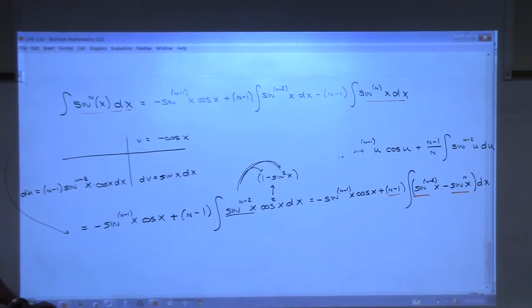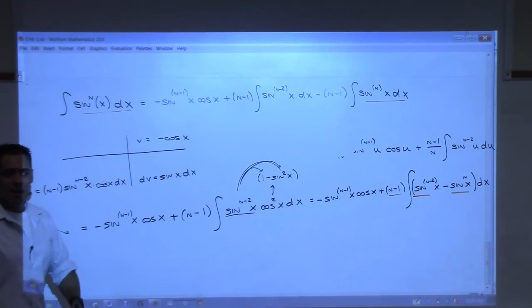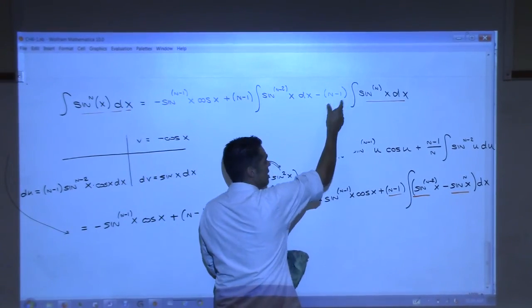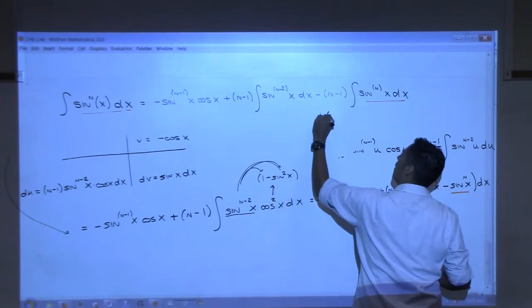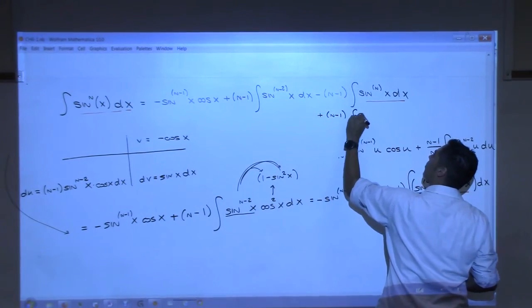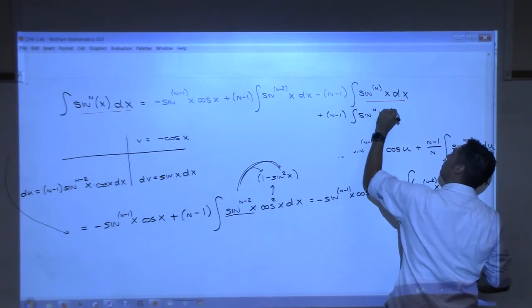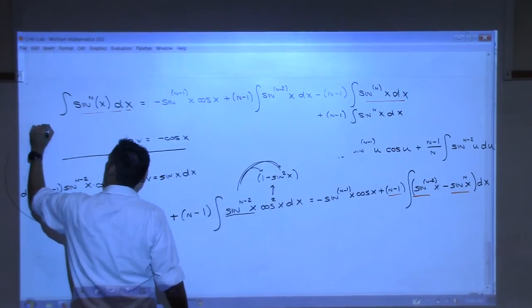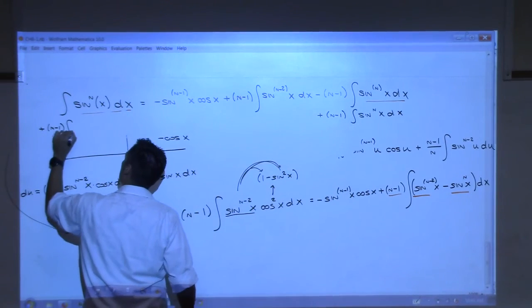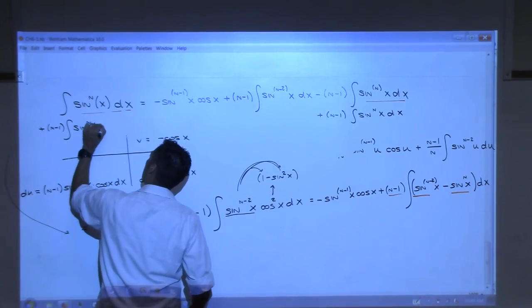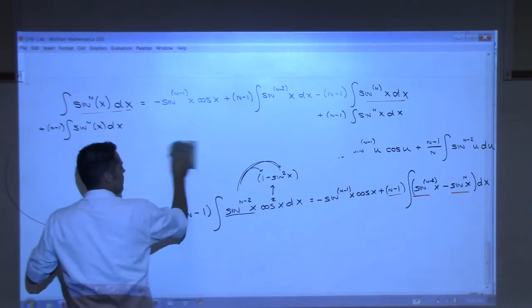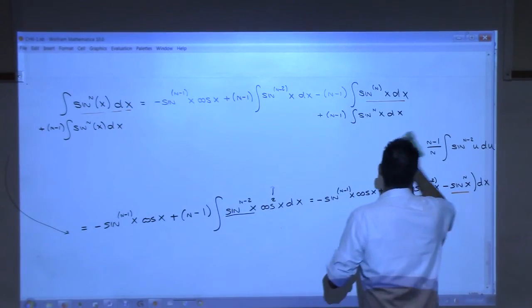Now, do you see that this and this are the same? You see they're the same? So do what we did when we had that rabbit out of the hat. If I have minus n minus 1 of these, I can add n minus 1 of these integrals to both sides. I realize I've lost many of you here, but that's why it's a bonus type problem.